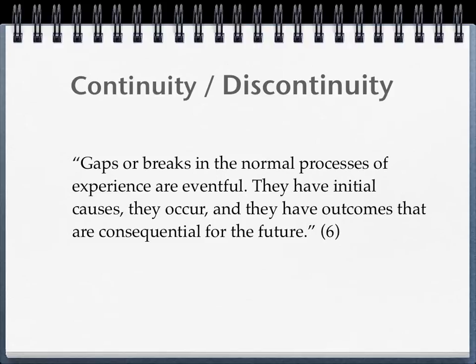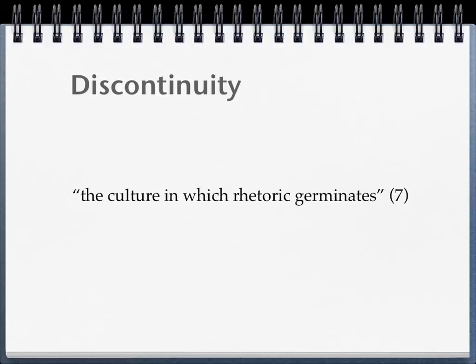When something happens that we don't expect to have happen in that normal process, then we tend to think of those gaps, those discontinuities as events, as eventful. They have causes, they occur, and they have outcomes, as Hauser says, that are consequential for the future.